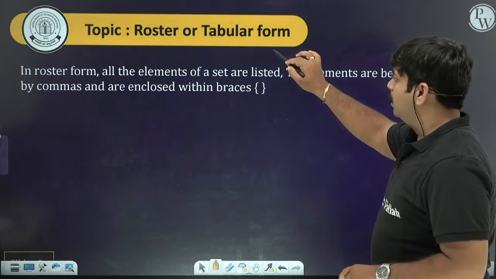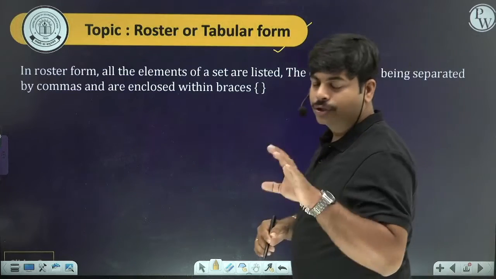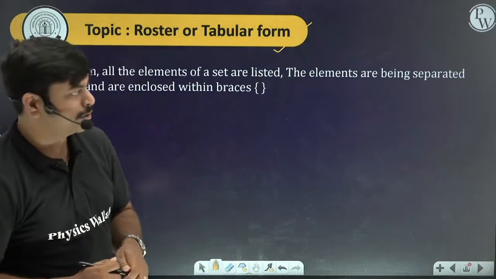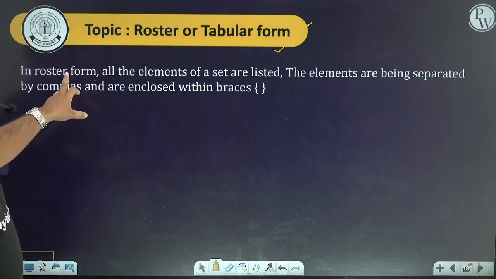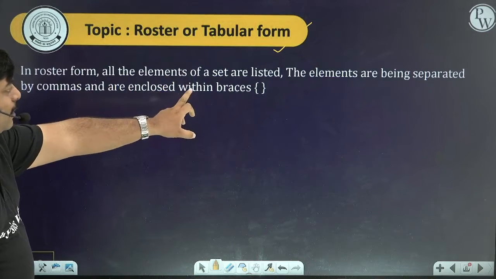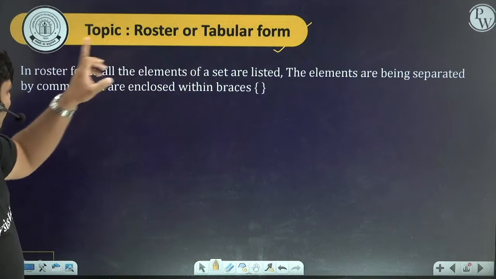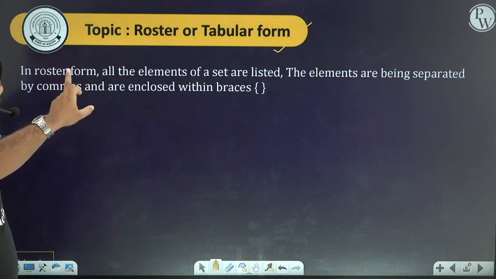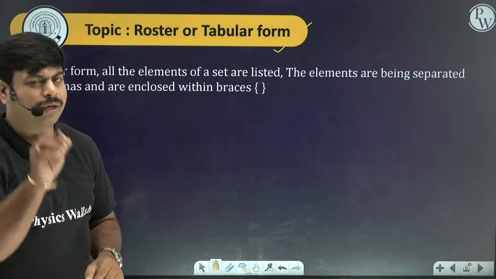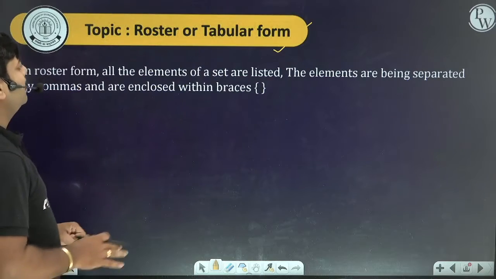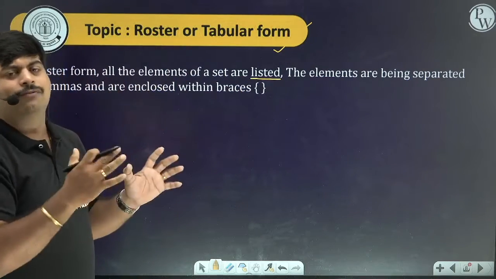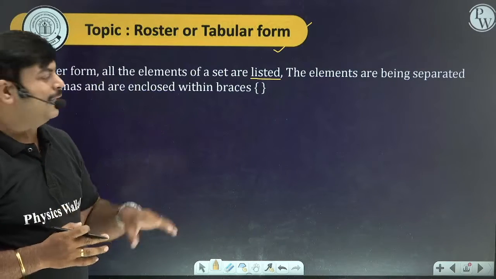First let's discuss the roster form, or tabular form. See what is on the screen. In roster form, all the elements of a set are listed. The elements are separated by commas and are enclosed within braces. That means we can directly see what the elements are.